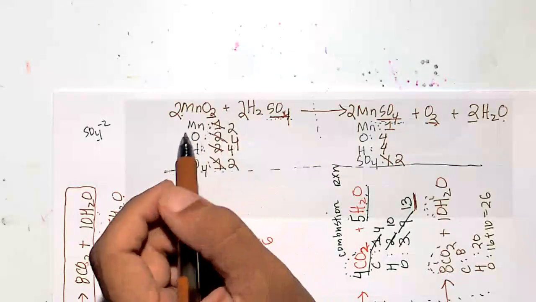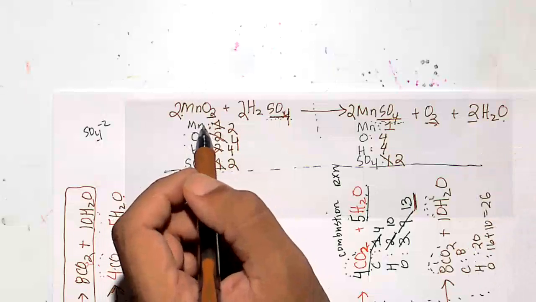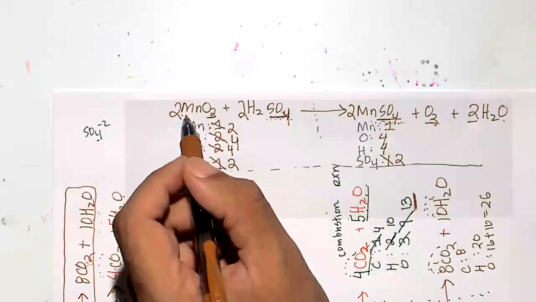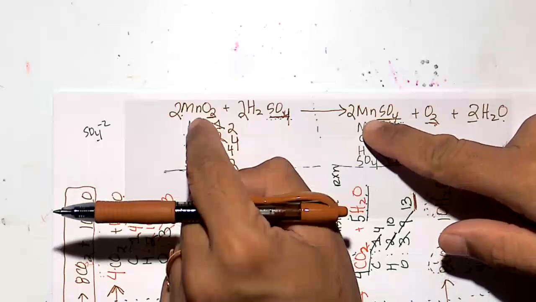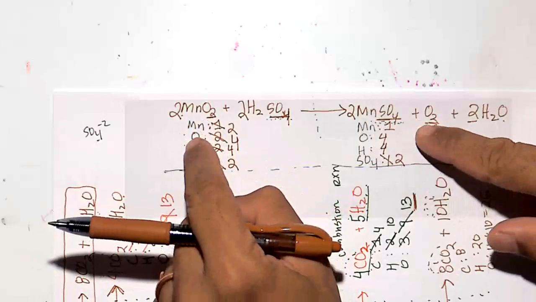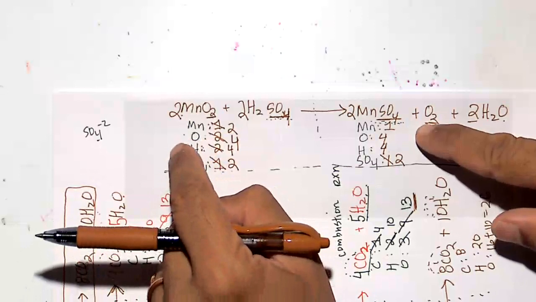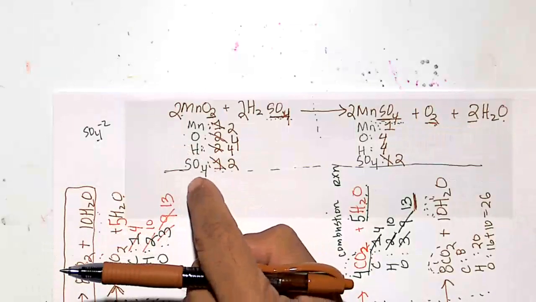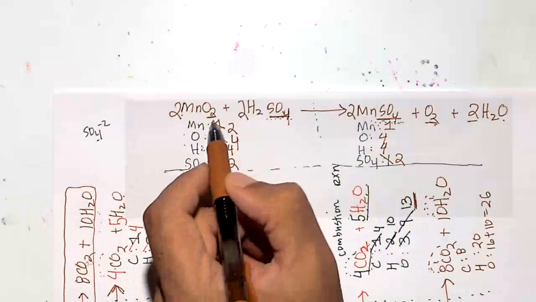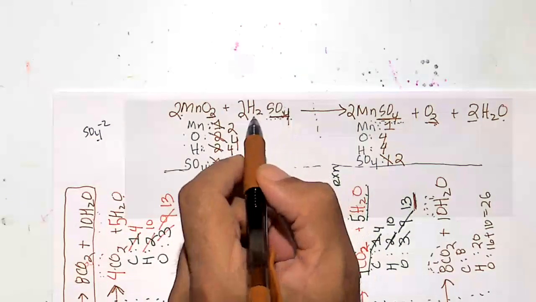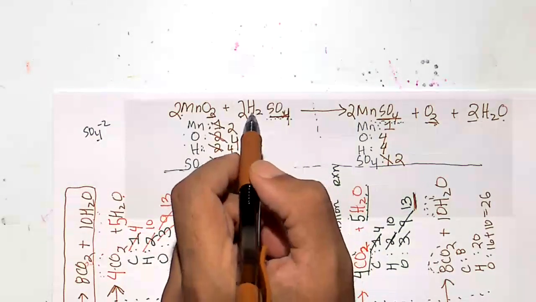Mn and Mn are the same, so they count as one. SO4, remember your flashcards, is called sulfate. Actually, it's SO4 minus 2. Here it becomes minus 2 to form H2SO4.